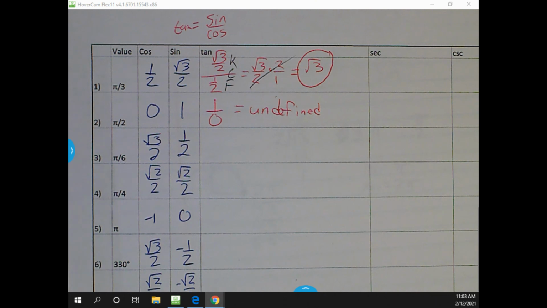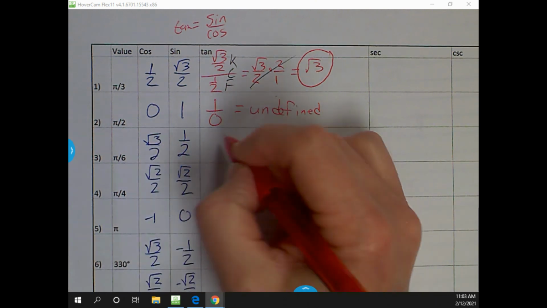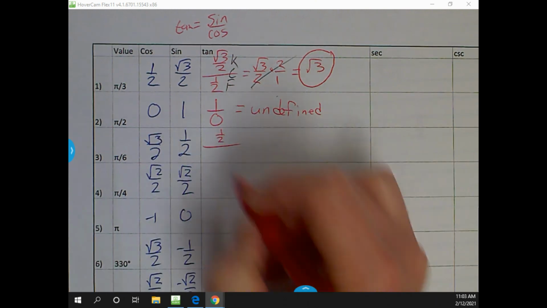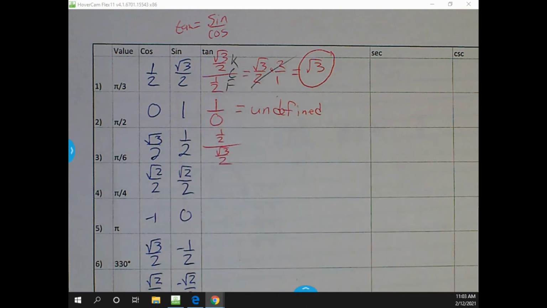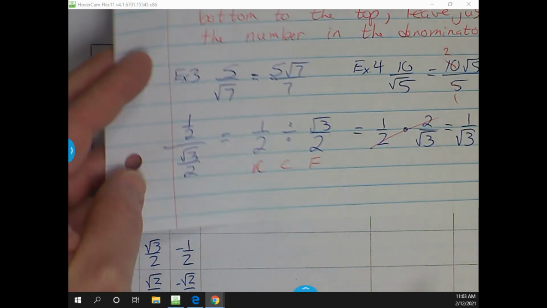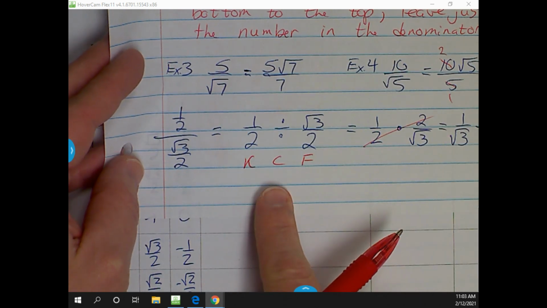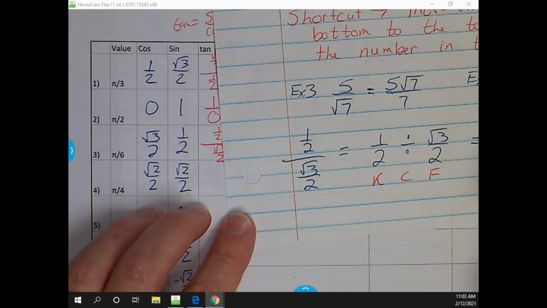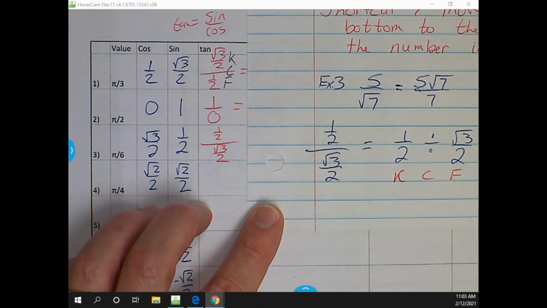So, all right, for this one, same thing. We're going to do 1/2 over square root of 3 over 2. Now, here's where we're going to cheat just a little bit. Because if you look back on the problems we did just a minute ago, we've got the exact same thing. We've got 1/2 over square root of 3 over 2. And yeah, I did that on purpose. I was making that a cheat sheet for you.